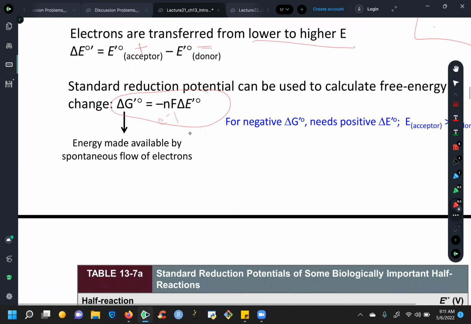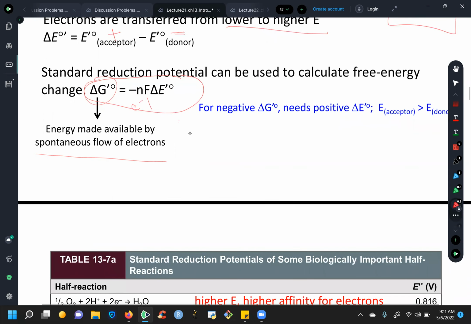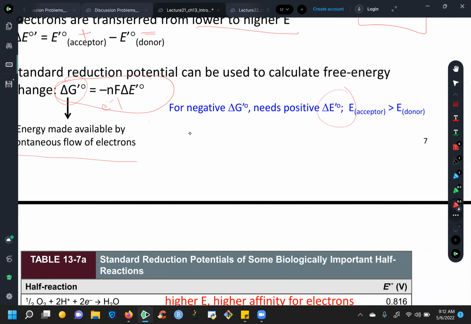The standard delta G you're calculating is the energy that is made available by the spontaneous flow of electrons. Like I said, the electrons are flowing around and giving you energy, so you have to calculate how much energy was given in whichever reaction. For a negative delta G you need a positive standard reduction potential difference: the standard reduction potential of the acceptor must be greater than that of the donor.